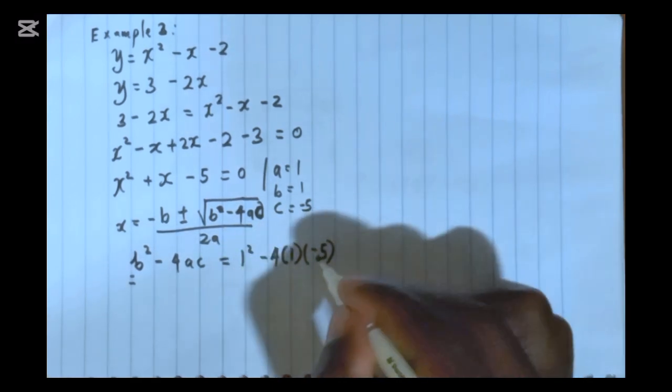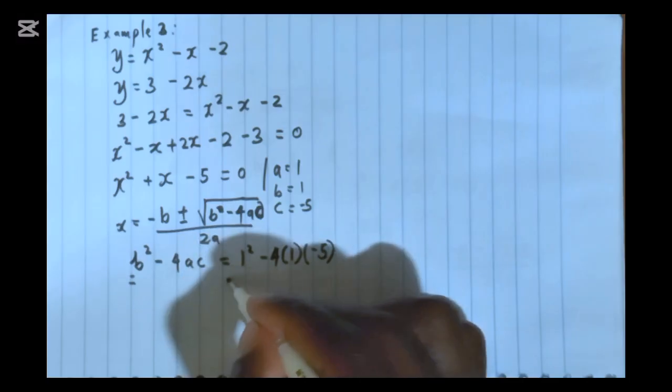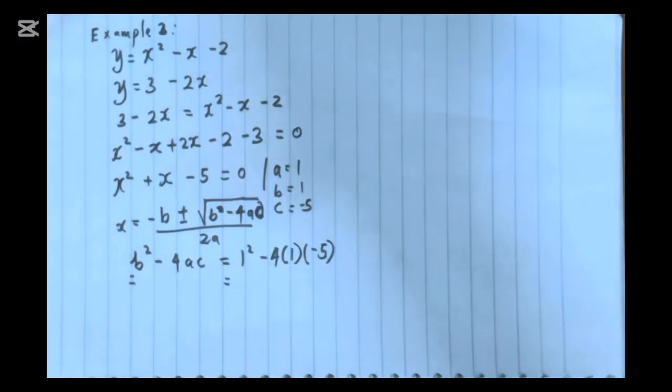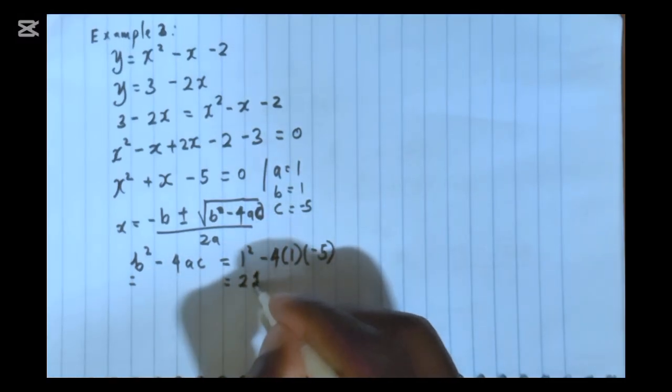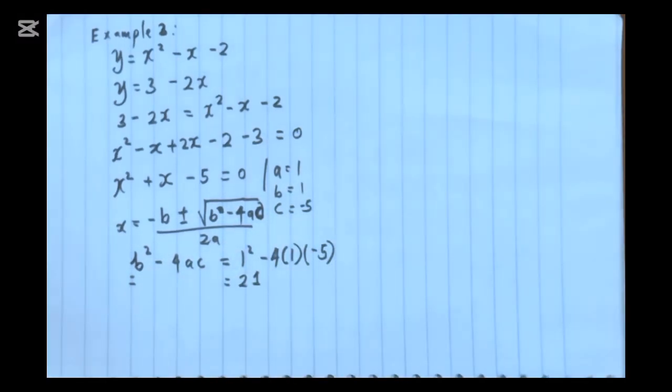When you do this computation, you find that the value of the discriminant is 21, which is a positive number, a value greater than 0. So if we are to solve this problem, we're expecting to get two real roots, which are distinct.